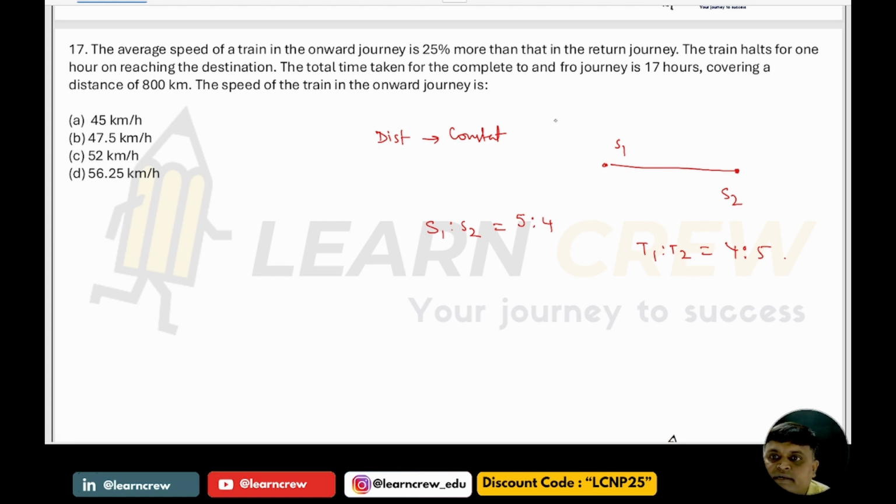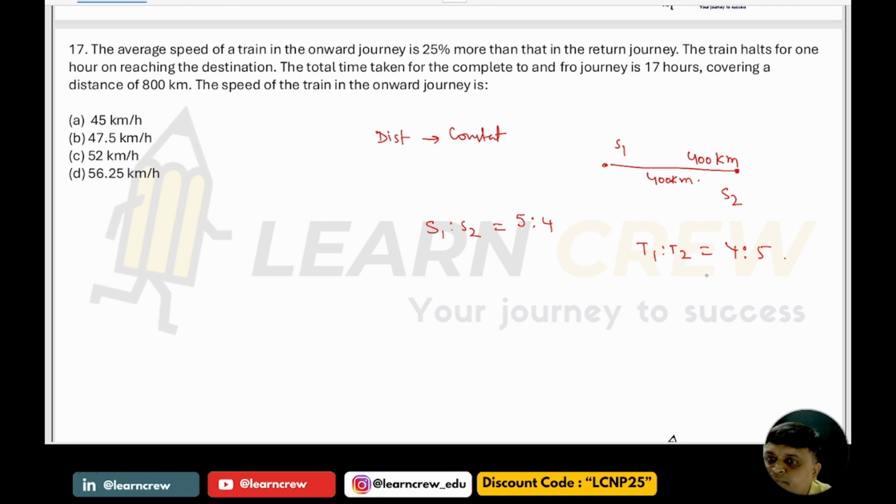Now what is the question asked? The train halts for 1 hour on reaching destination. The total time taken for the complete to and fro journey is 17 hours, covering a distance of 800 km. We need the speed of the train in the onward journey. This is 400 kilometer, and this is also 400 kilometer.